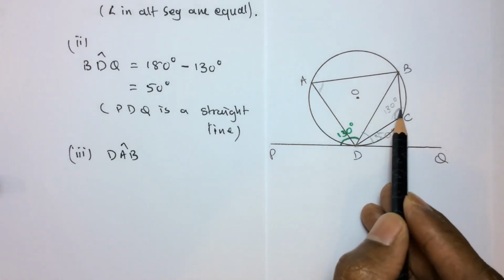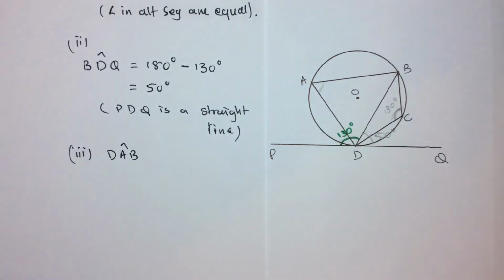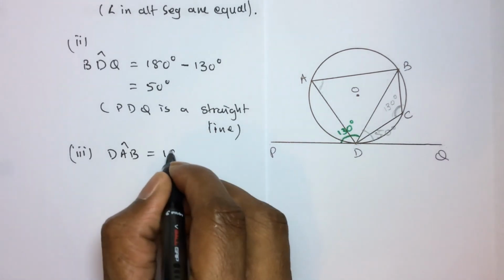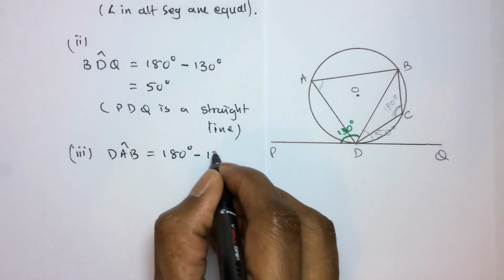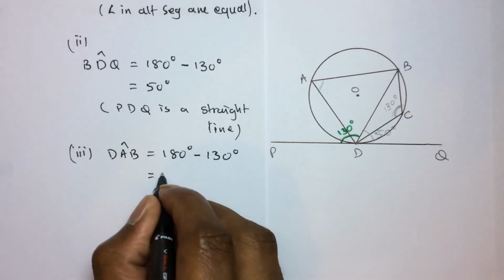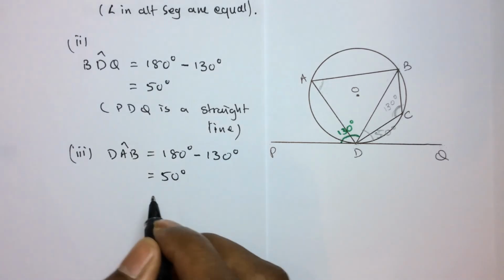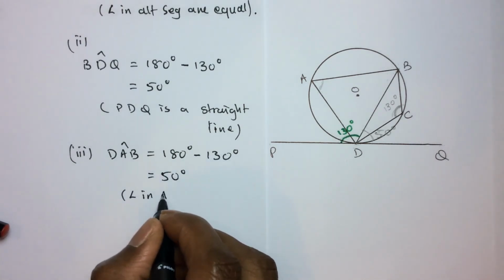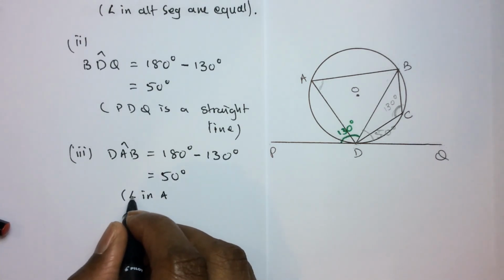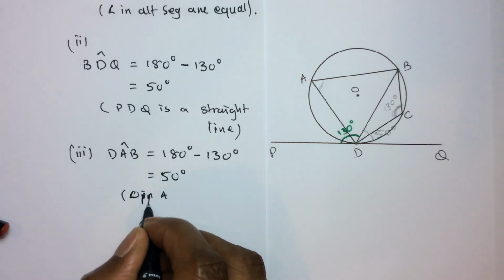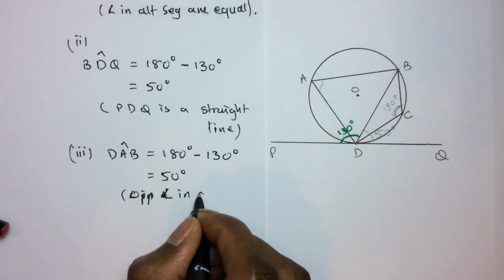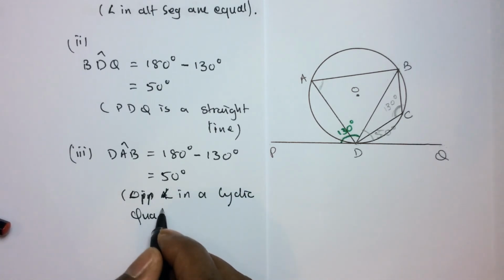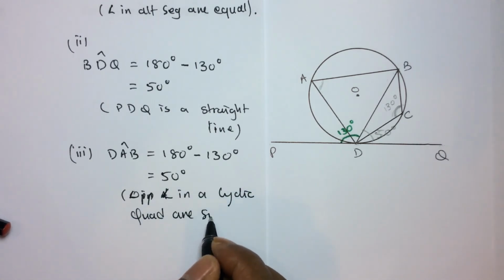We already know that this is 130, therefore angle A, that is DAB, is equal to 180 minus 130, which is 50 degrees. This uses opposite angles in a cyclic quadrilateral being supplementary.